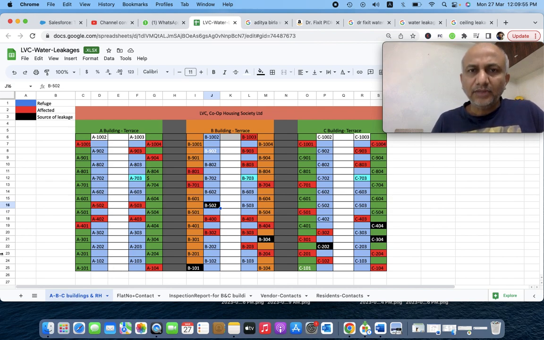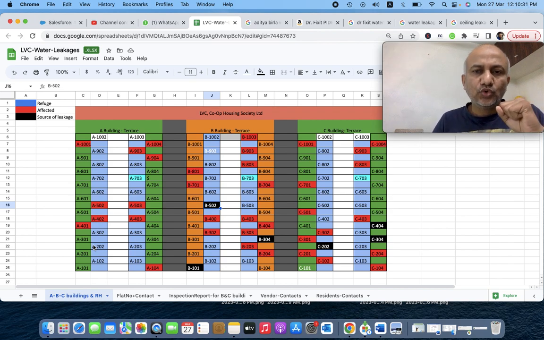Now, once you identify the root cause, you also would want to know how to fix this problem. So make sure to work with your committee to clean the spouts, because over a period of time, if water keeps flowing continuously from a particular flat and overflowing through the spout, a layer gets accumulated at the end of the spout, and it turns out like a salt ball, and it blocks the spout as well.